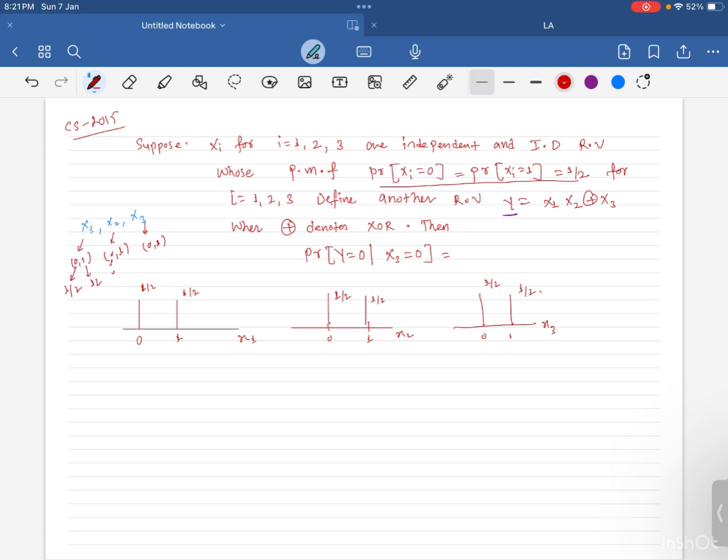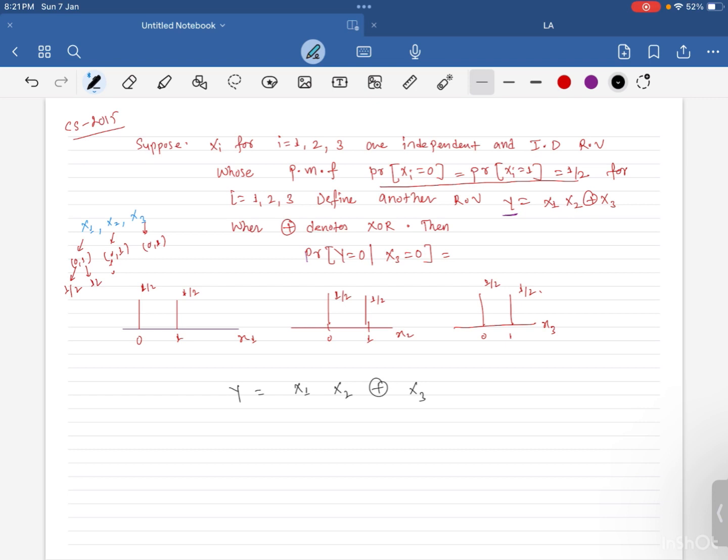Now define another random variable, that is y. So this y is given as x1 x2 XOR x3.